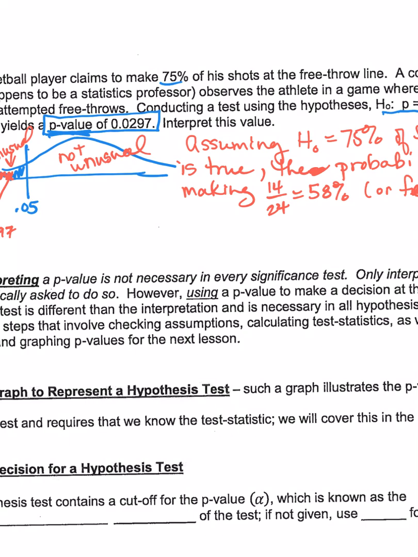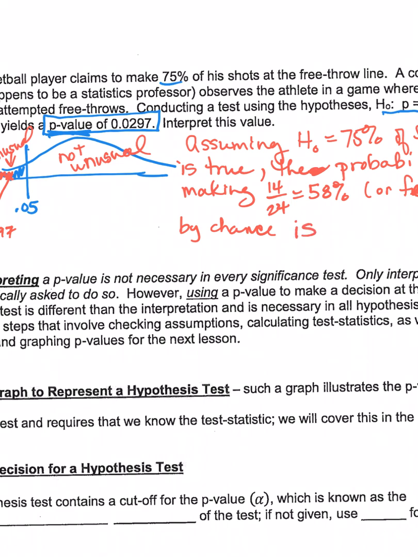Why did I include the phrase or fewer? Remember what we said? It says as extreme or more extreme, right? So more extreme would be an even smaller number. By chance. Got to use that phrase, by chance.